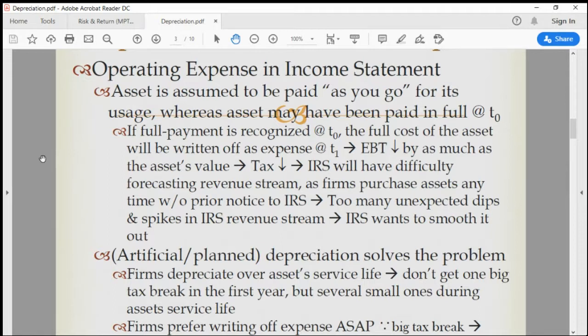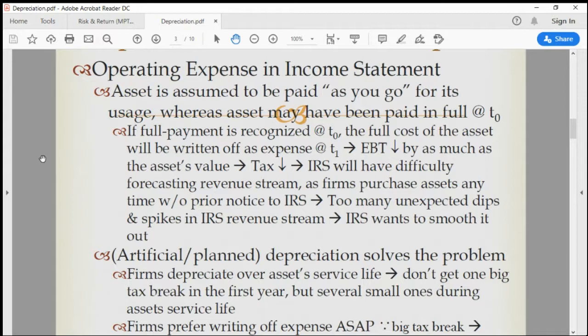Then think about it. None of these capital purchases require IRS approval, right? It's completely spontaneous. I mean, you buy a car because you need a car for your business. You don't ask for IRS approval for that, right?